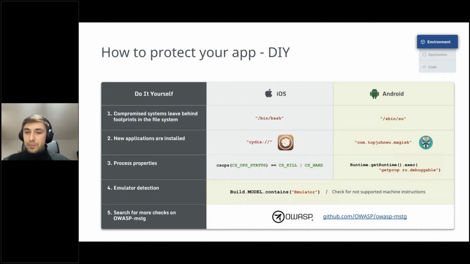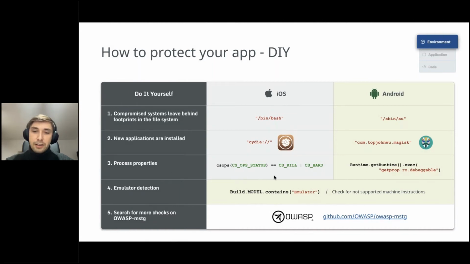On Android, it looks a bit similar, but you just ask the package manager to list all of the packages, and then you can check if there is Magisk, which is quite a popular app found on rooted devices. Then you can also check for process properties.